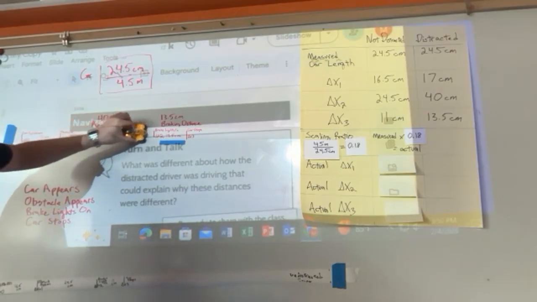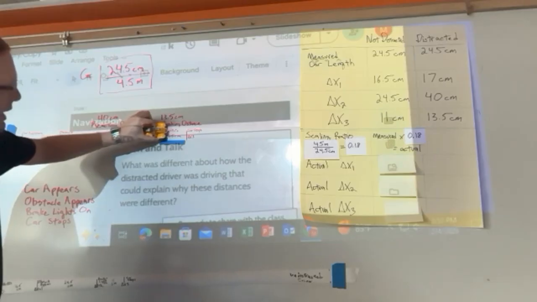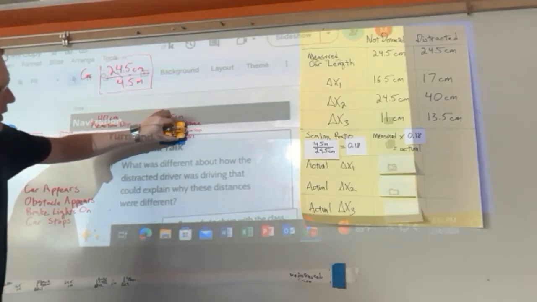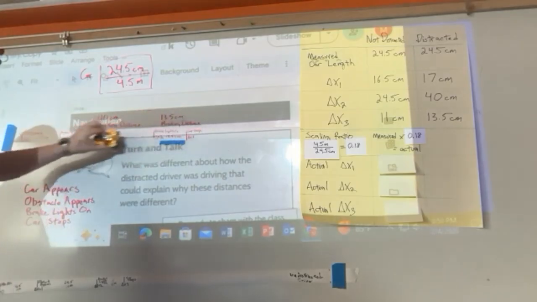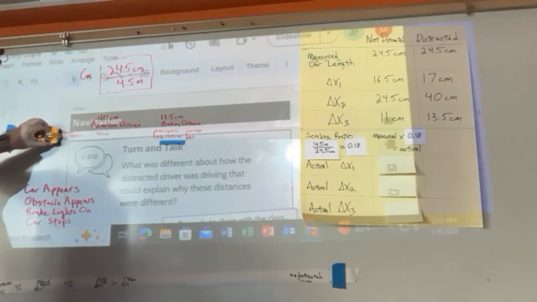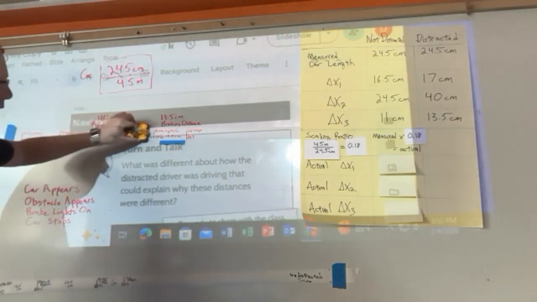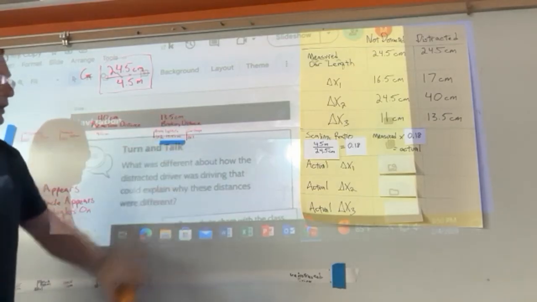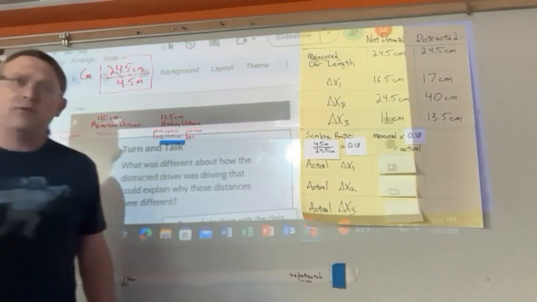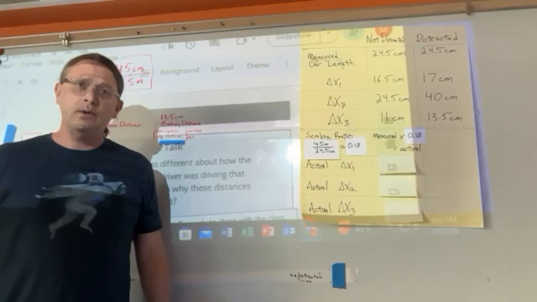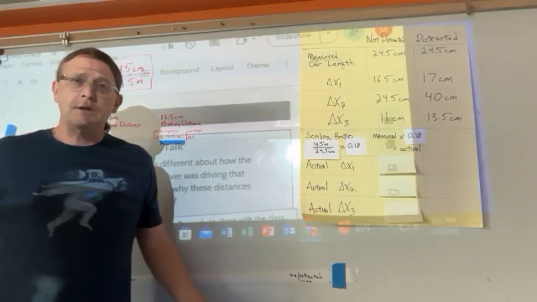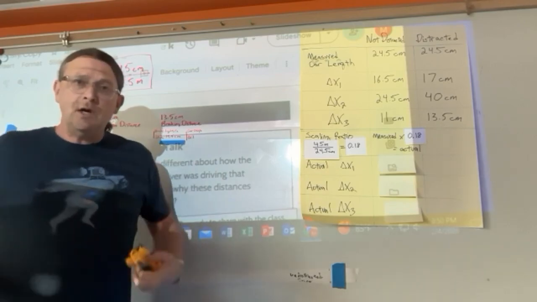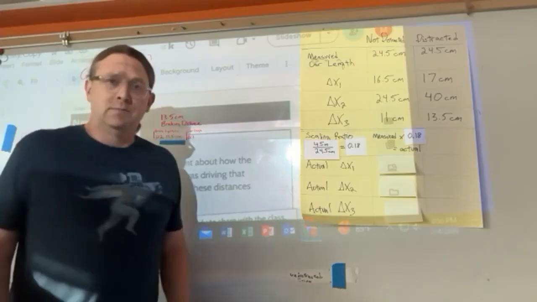And oh, hey, there's an obstacle. Oh my God. And then it stops, right? The obstacle appeared way back here, right? So I wonder, how long did it take for them to react? Maybe we have to investigate some of the times as well as the distances.